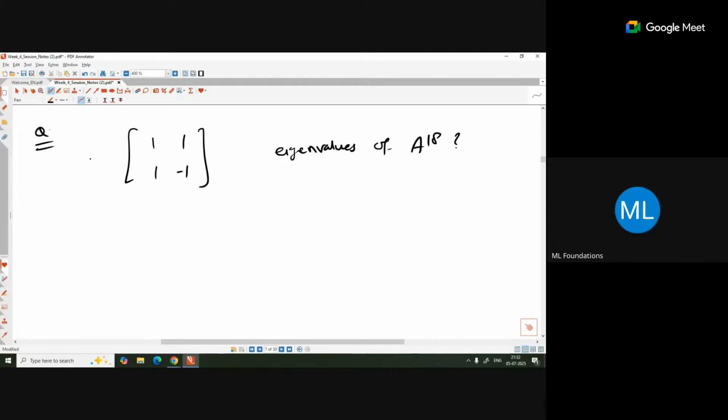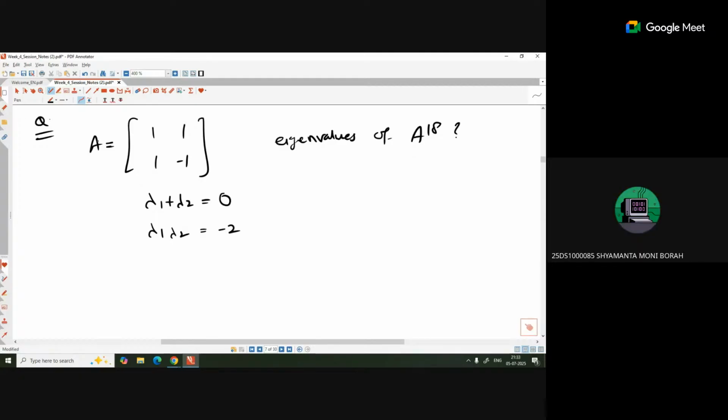So what are the eigenvalues of A here? I can solve the equation: lambda 1 plus lambda 2 equals 0, and lambda 1 into lambda 2 equals minus 2.